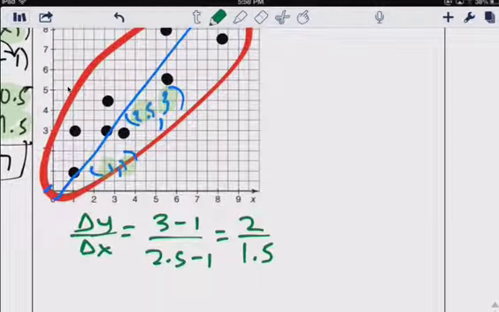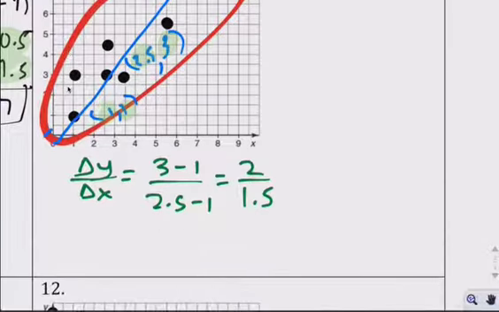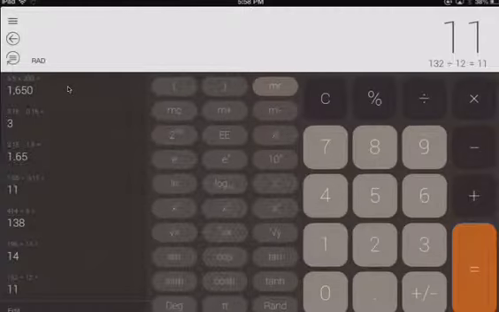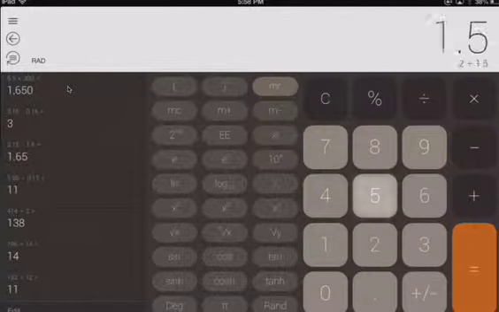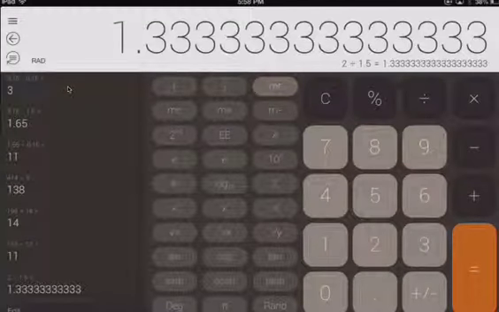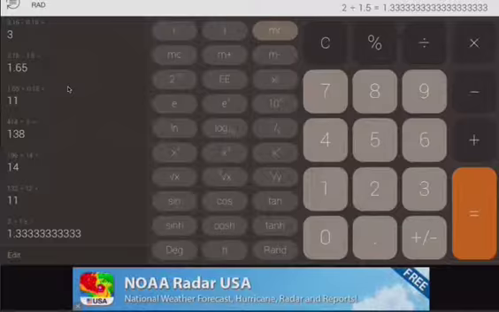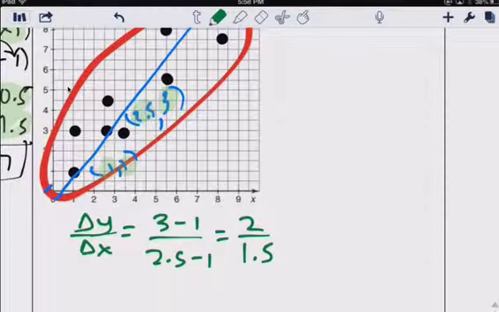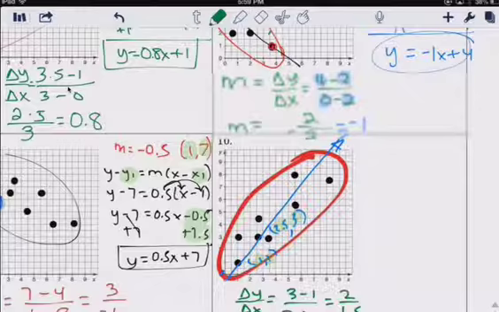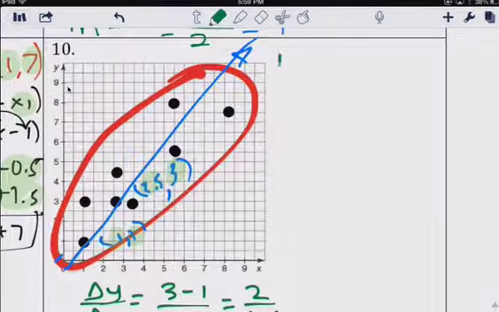Use a calculator. So 2 divided by 1.5, 1.33 repeating. So the slope is 1.3. Okay, so we're going to round it to the nearest tenth.